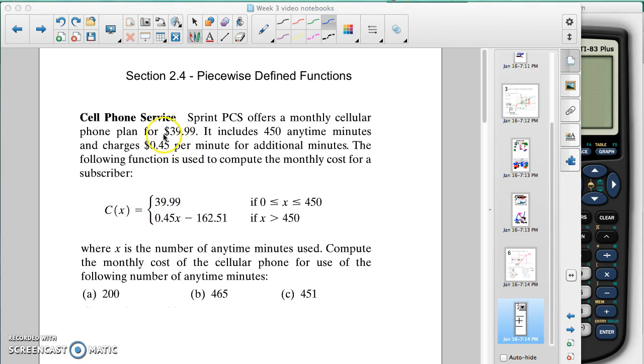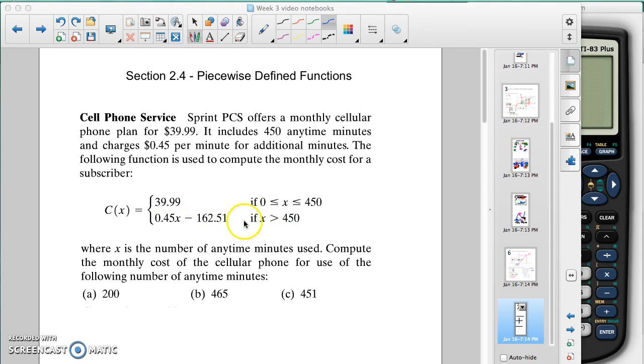In this case, this first example is a cellular phone plan that starts out at $39.99 for any time up to 450 minutes. So if your minutes here, that's your x domain values, are between 0 and 450, it's going to cost you $39.99. After that, there's a different charge. There's additional charges per minute.